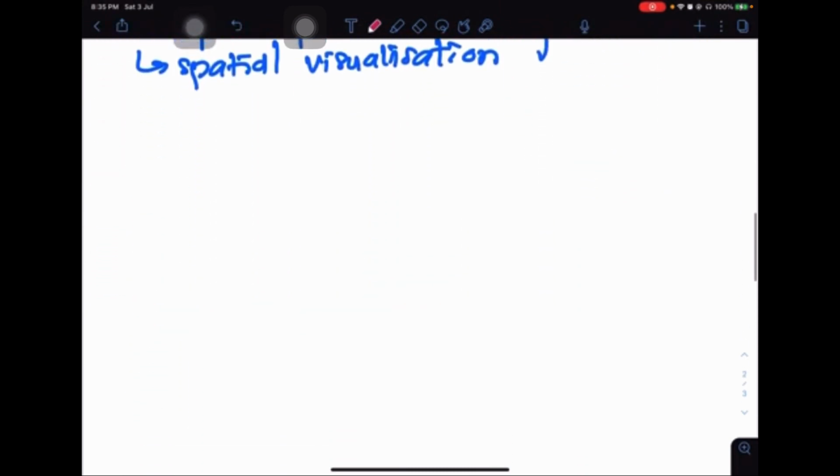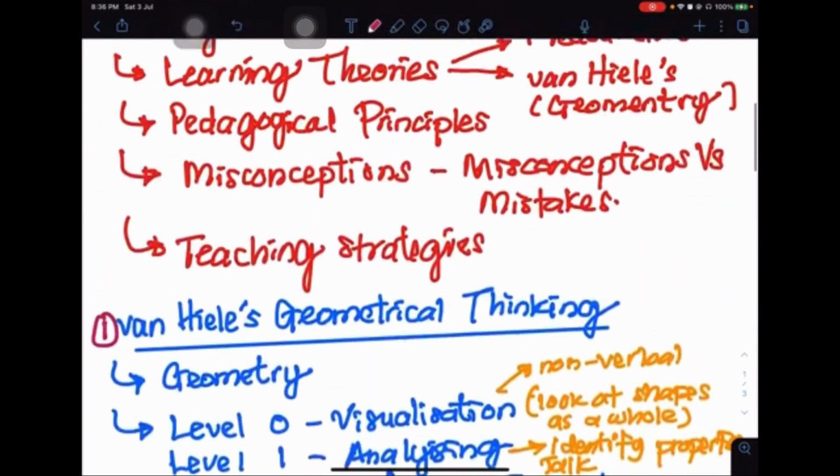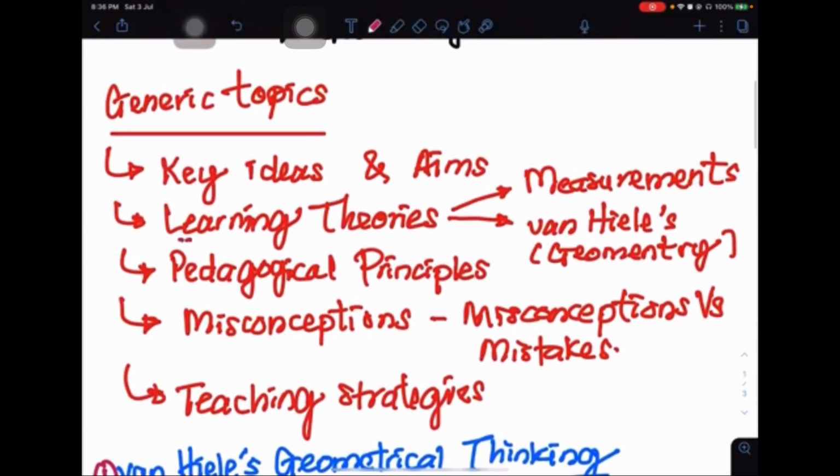Now, geometry can also use behaviorism. Geometry can also use developmental, cognitivism, or constructivism. You can use that as part of your learning theory.